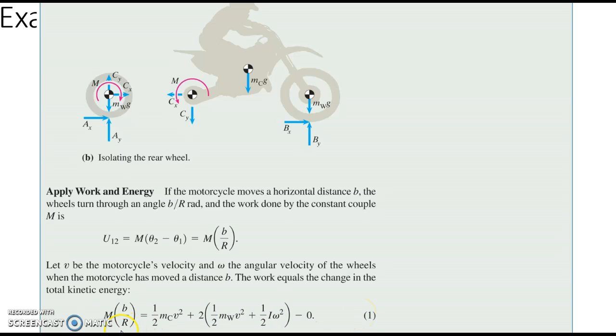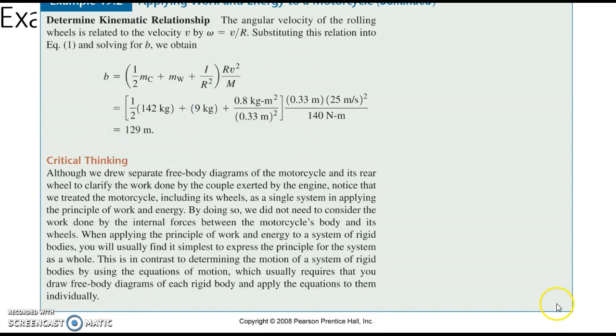What are we given? We're given the moment, the constant couple here. We're given the m c. We're given the r. We're given the m w. We're given the velocity. The velocity was 25. We're also given the moment of inertia here. So the only things we don't know in this expression are b and omega. But recall that I know how the velocity is related to omega: omega is just the velocity divided by the radius.